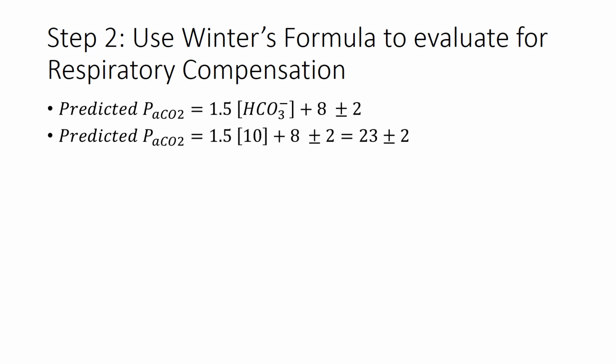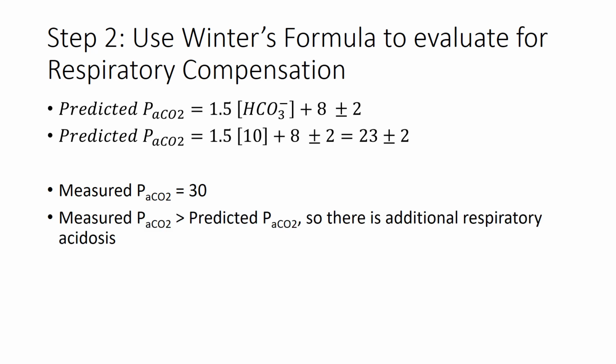So our predicted value is 23 plus or minus 2. However, our measured value was 30, greater than our predicted PaCO2. Because our measured PaCO2 is greater than our predicted one, that means we're holding on to CO2, so there's an additional respiratory acidosis.